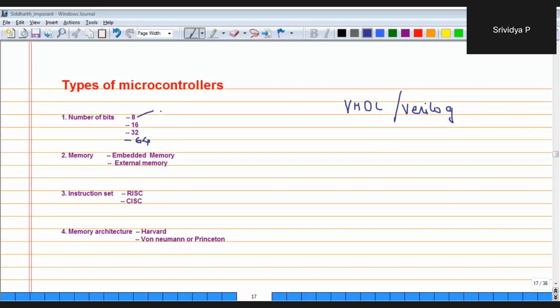Byte is 8 bits. At that time, the MCU or the microcontroller unit is called an 8-bit microcontroller. A very popular example for 8-bit microcontrollers are Intel's 8031 and 8051.